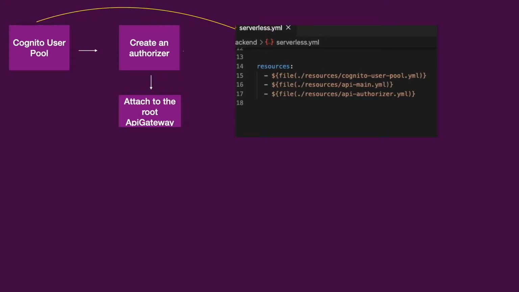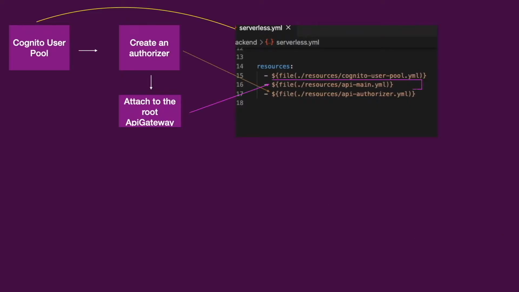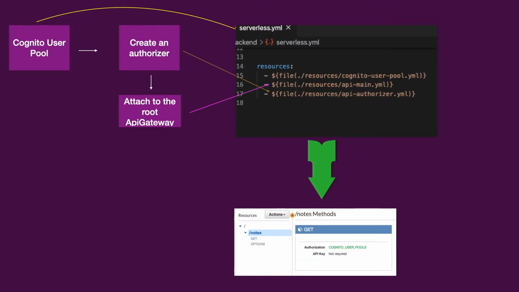And the custom authorizer would be defined by the API authorizer.yaml file on line number 17 and the root API gateway on line number 16 by defining a new file called API-main.yaml. And once everything is developed, what we intend is to have our /nodes resource authorized by Cognito User Pools.